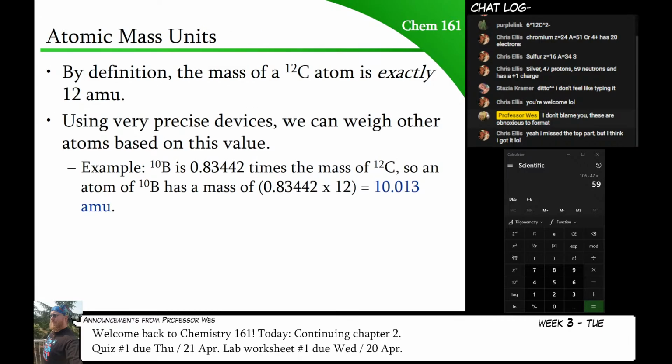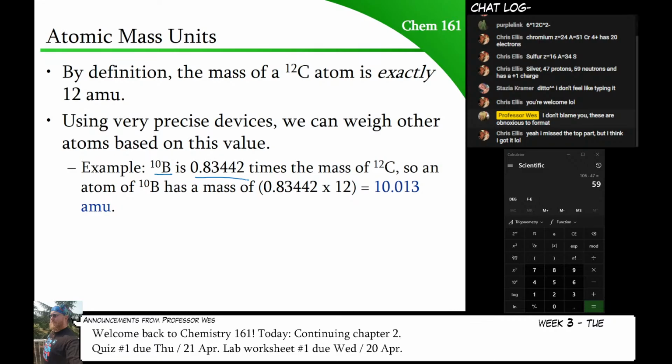So let's do an example here. Let's suppose that I weighed boron-10, and I learned that when it hits the detector, the magnetic field strength is set to 0.83442 times that which is necessary to get carbon-12 to hit the detector.